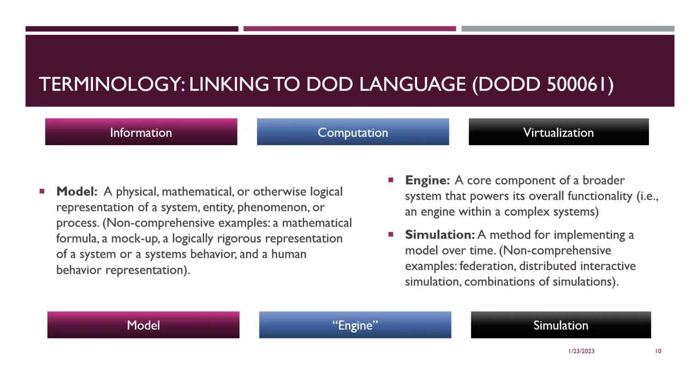So a model is an information construct. It's just an information representation. That's what a model is. And then a simulation is just a virtualization of that model over time. Now, they didn't put an engine in the middle, so you won't find engine in the DoD language.